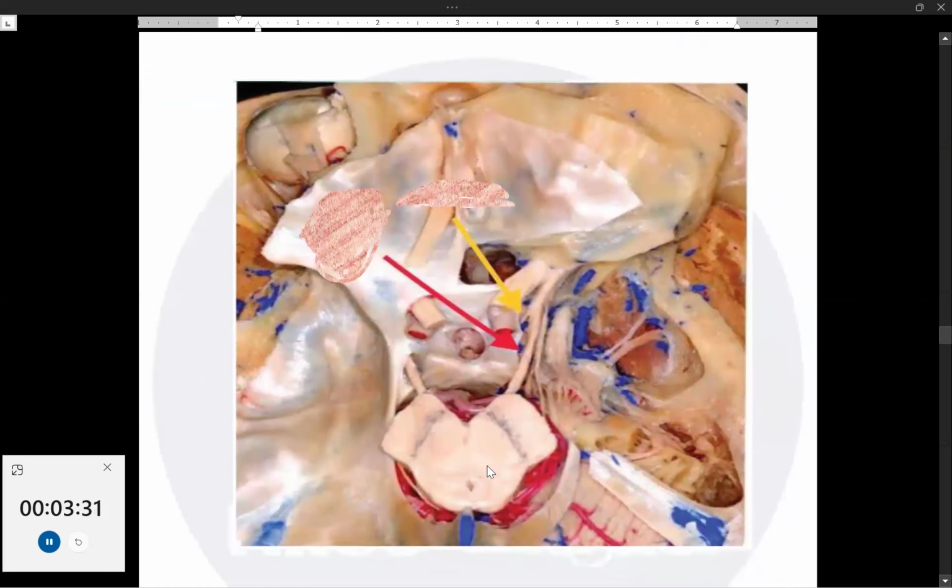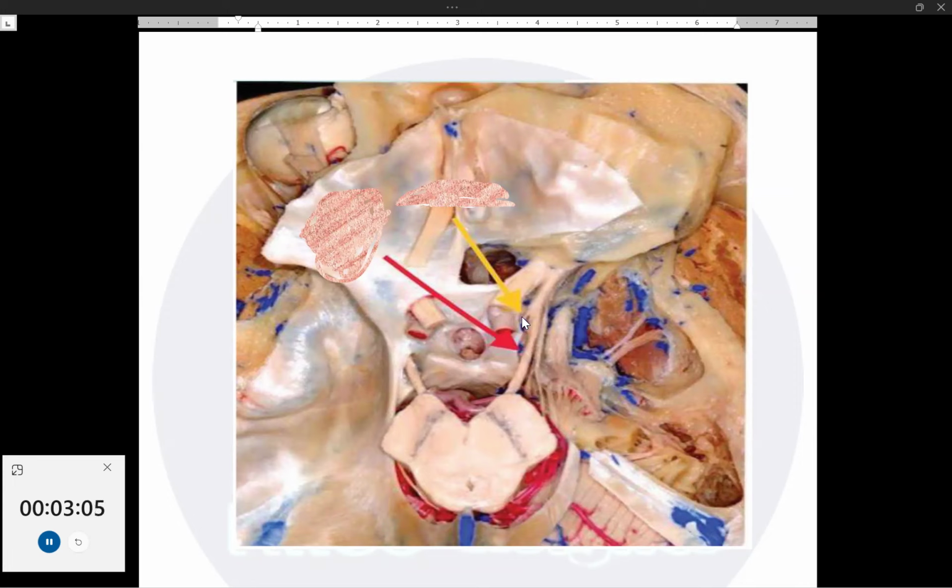So next question, what is this nerve? This red marked nerve is the oculomotor nerve. And what is this nerve, the yellow arrow?